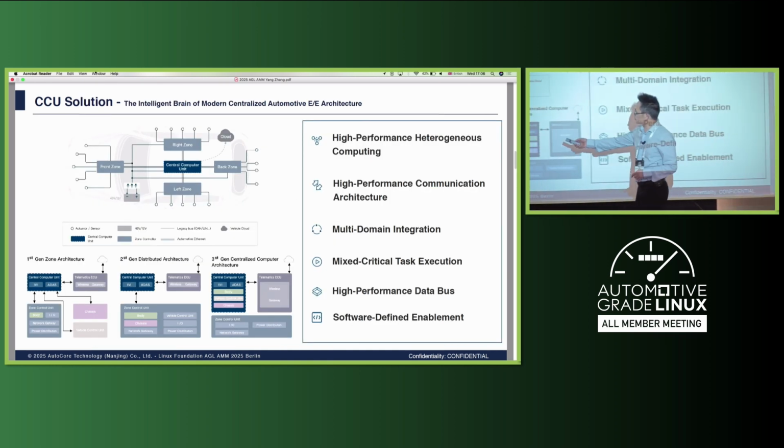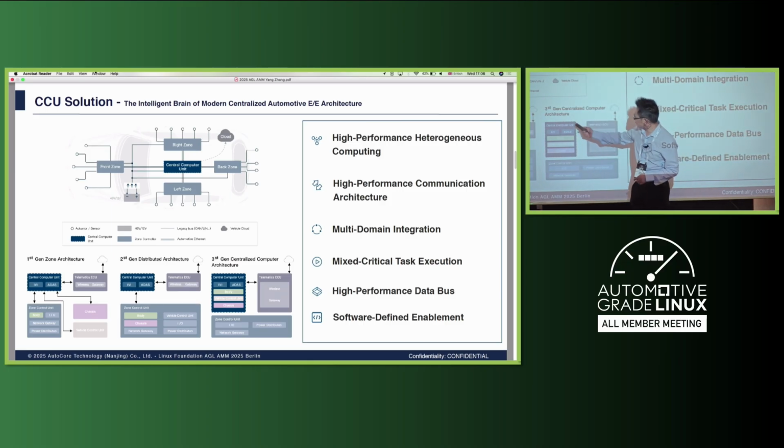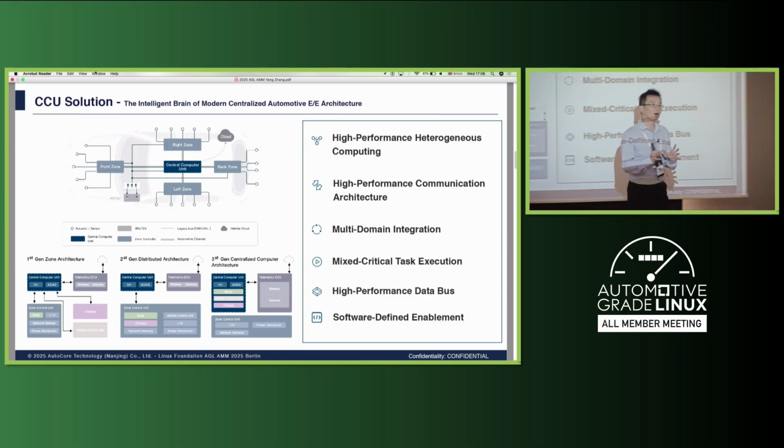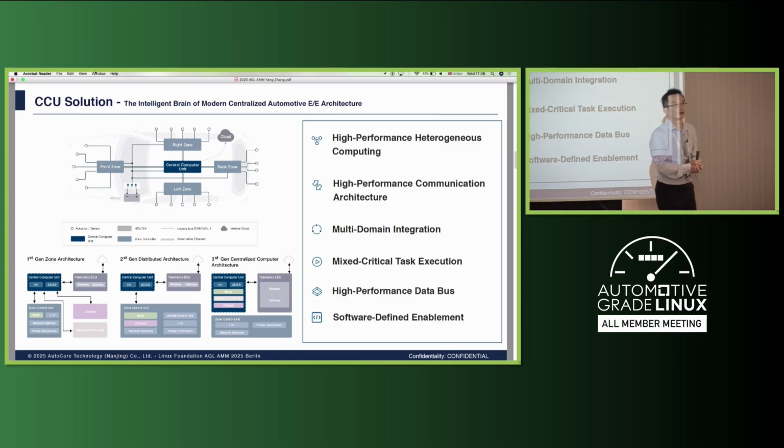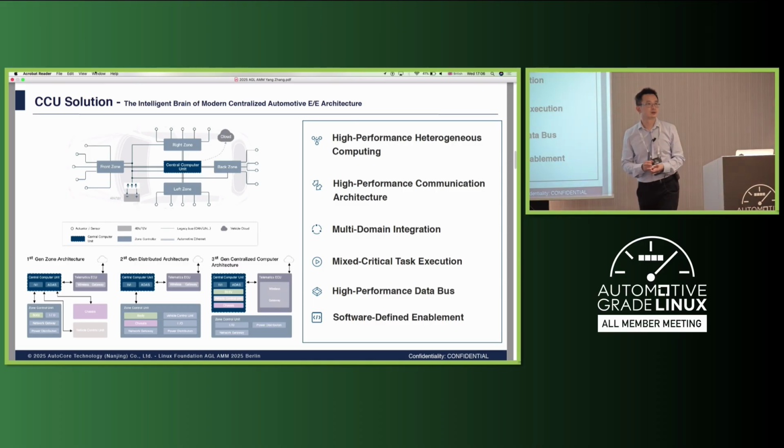In this version, in the central computing unit, there's IVI and ADAS, and also body, wheel control, and chassis in one big HPC. Is IVI running independently from the ADAS? I mean, on a different MCU or separate silicon?